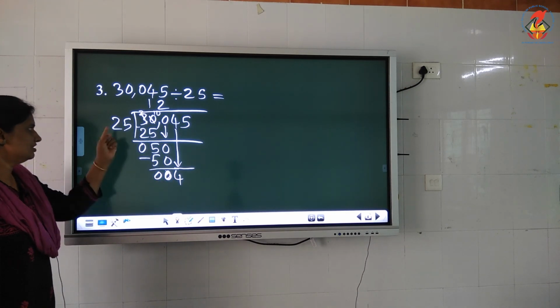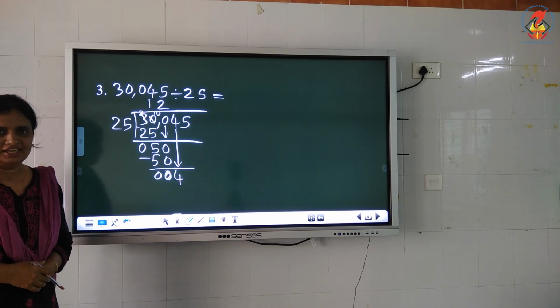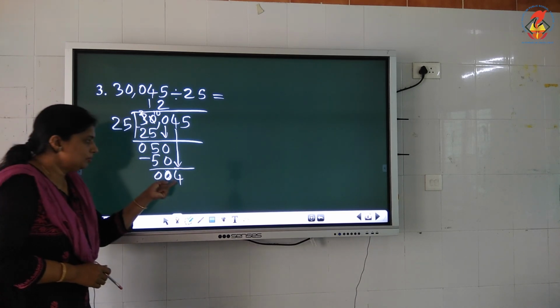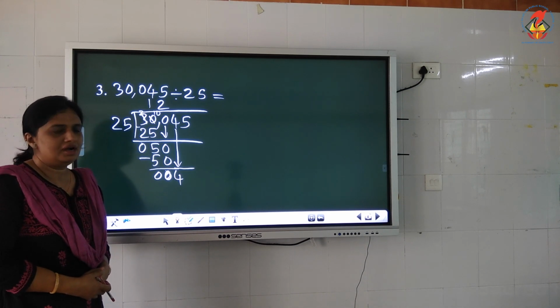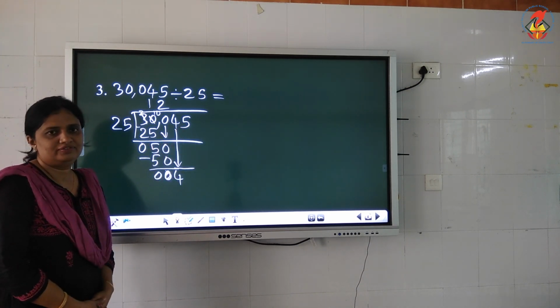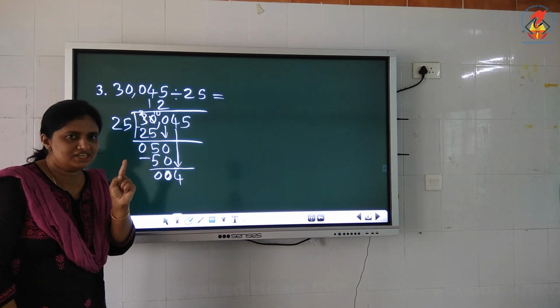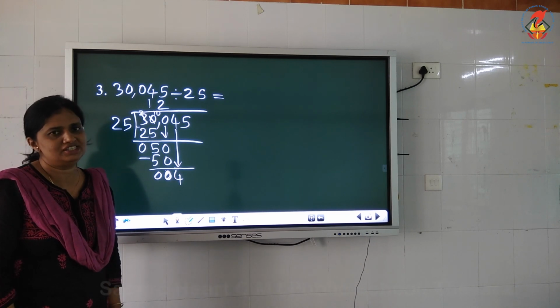That 4 is less than the divisor. We can't do anything with this. Is it? We need to make it as bigger number. How only? We need to take one more digit down. Is it possible? For each and every step you can take only one digit.